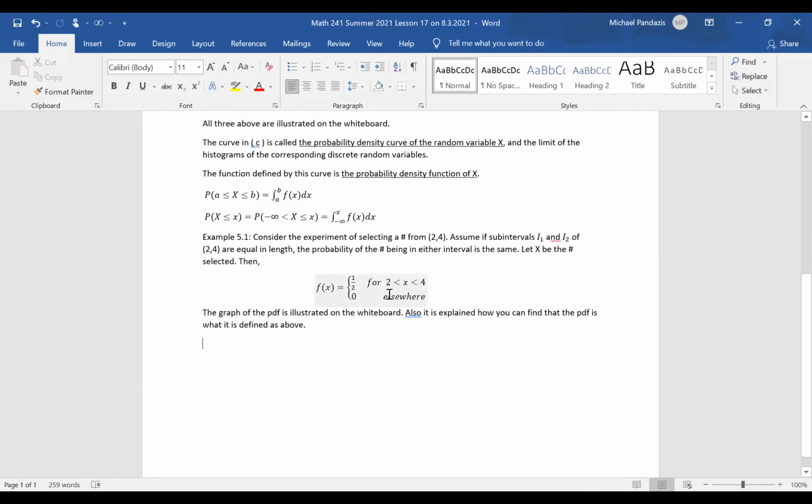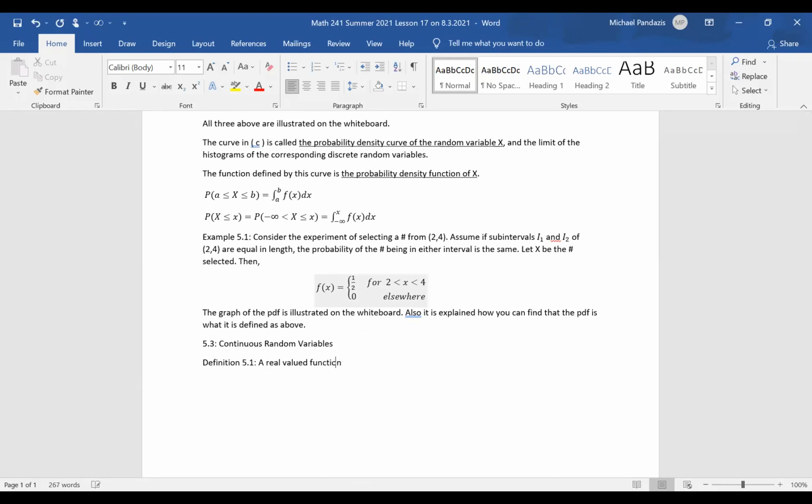Okay, so 5.3, continuous random variables. Let's start with the definition. This is Definition 5.1.